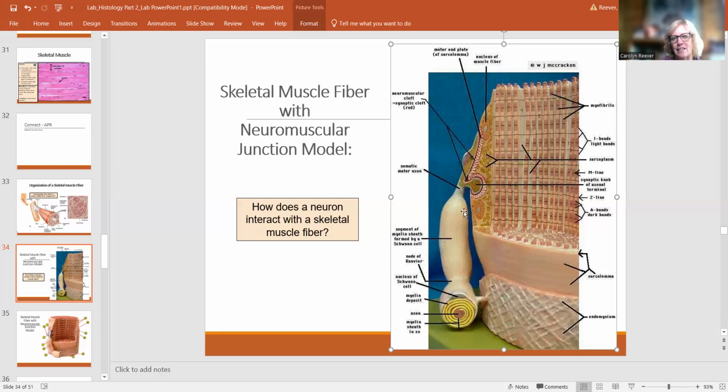It's sort of that idea. The node of Ranvier allows for a passing. It jumps the gap, so to speak. If you know what myelin is, you know the Schwann cells are the specialized cells in the peripheral nervous system that make myelin.